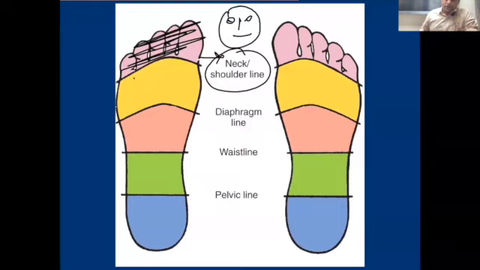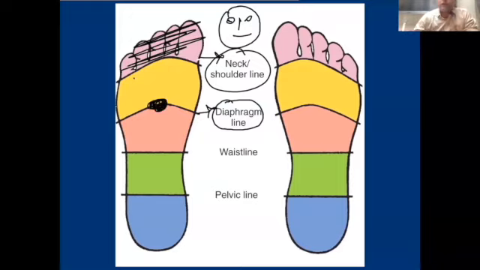Now in the feet we can see the second line, which is the diaphragm line. It's also very easy to draw because we have a natural depression here in the feet.